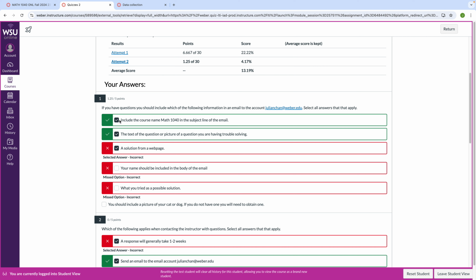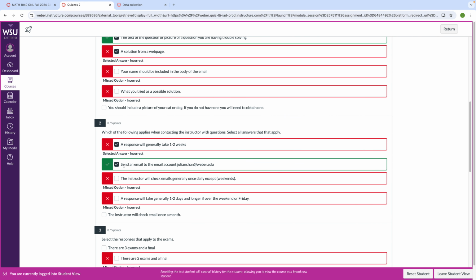Okay, so just know that when it says select all, don't select any incorrect answers because those are worth negative points. Okay. So this one, I selected one correct answer, one incorrect answer. I got 0 points. That's because the incorrect answer canceled out the correct answer's points.